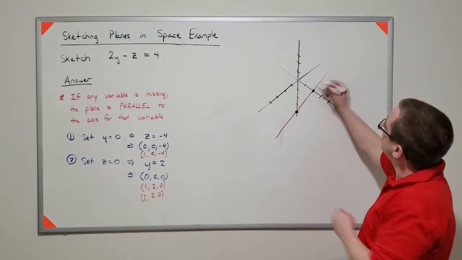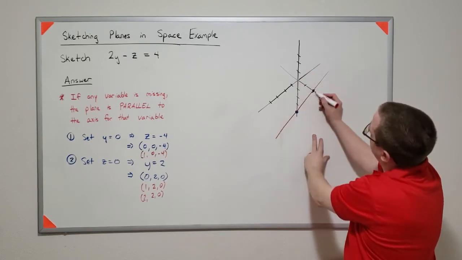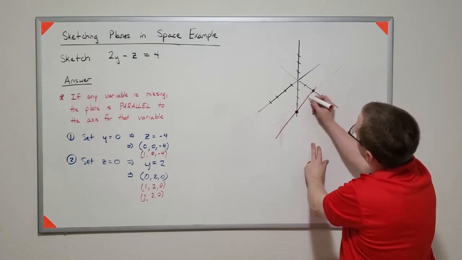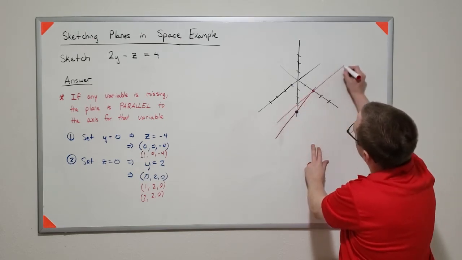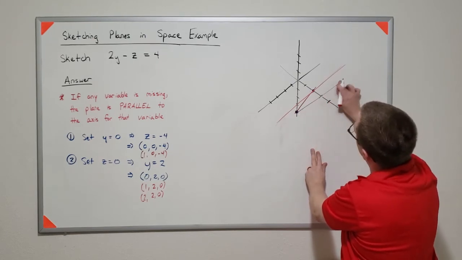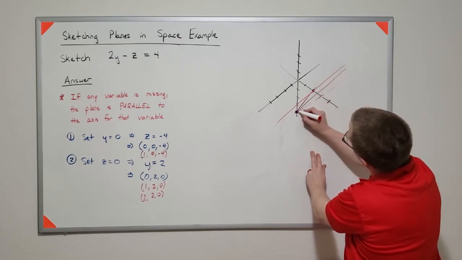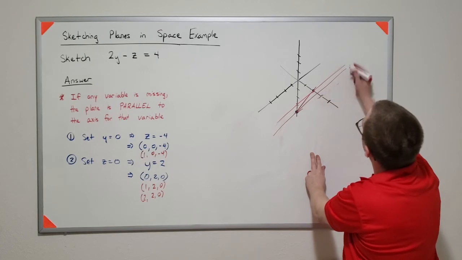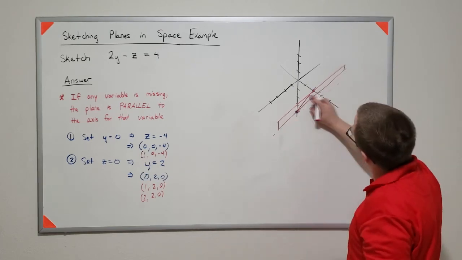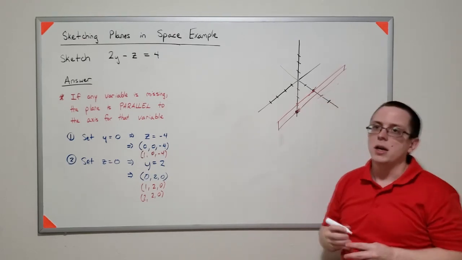So if I take this point and draw a parallel axis to the x-axis, and I take this point and draw a parallel axis, then what I've generated here is the plane.